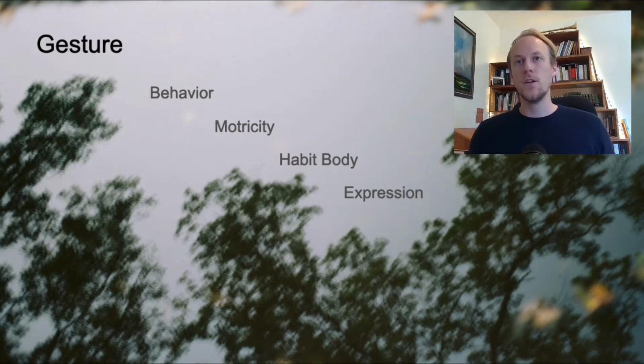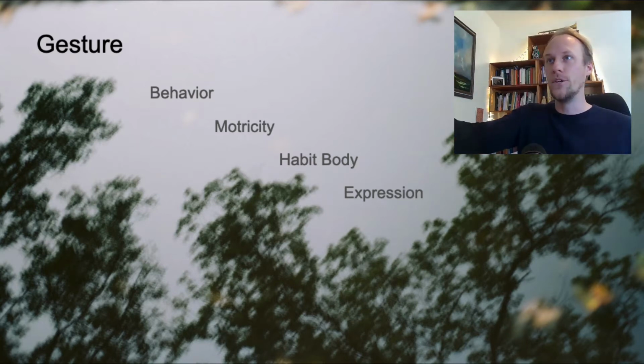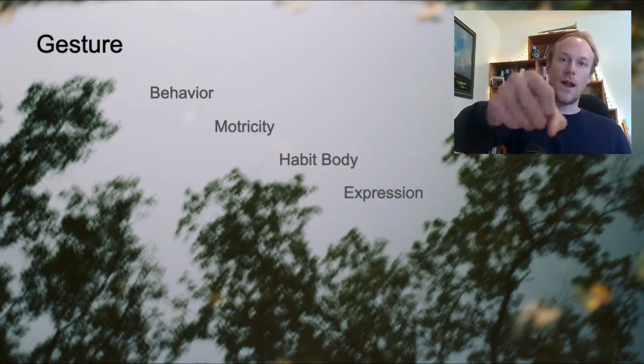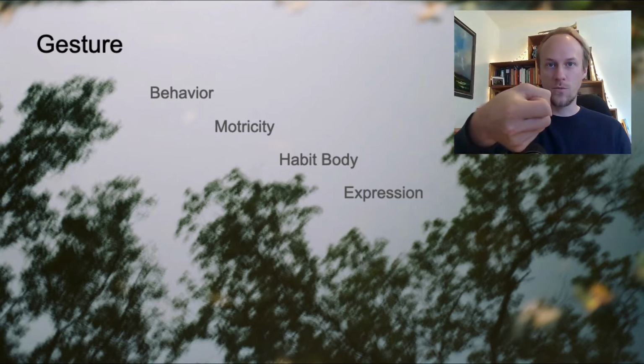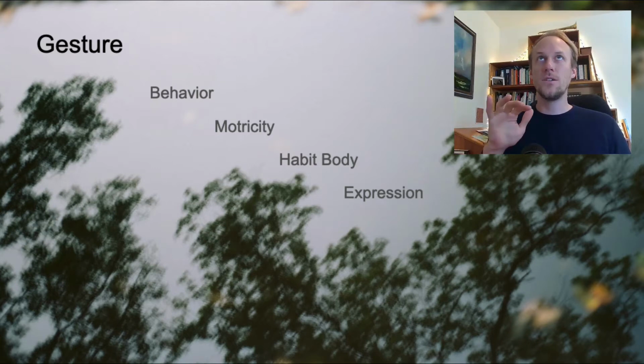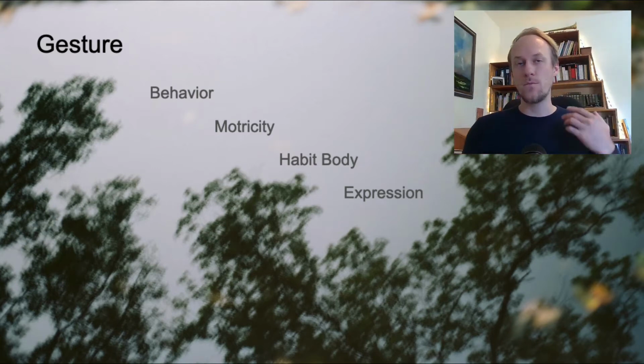So it's multiple movements. If you think of turning a doorknob, you have to reach out with your hand, then grab with your fingers, and then turn with your wrist. There's actually a bunch of different movements going on. But when we live that experience, when we open a door, we don't have to coordinate those movements in any particularly complex way. We do it sort of by muscle memory.